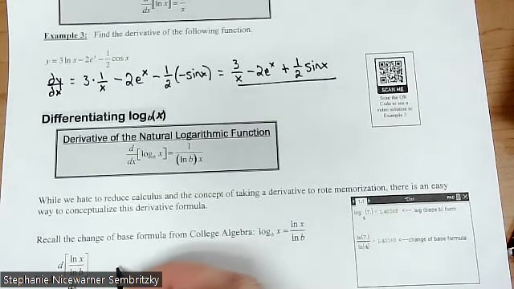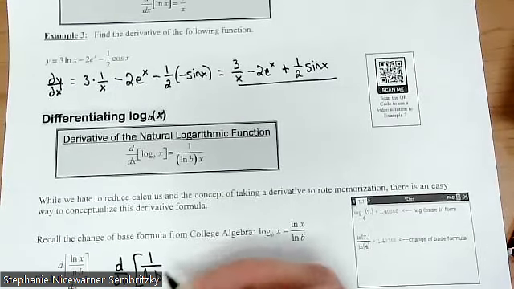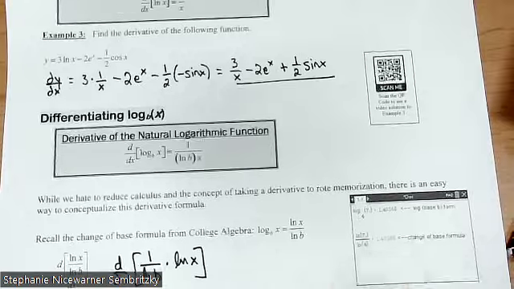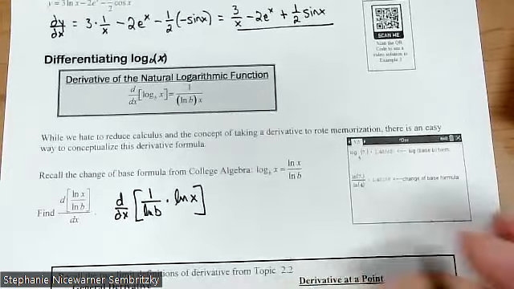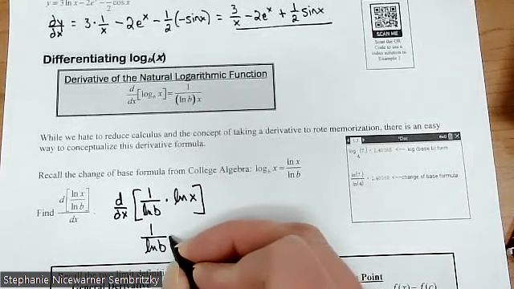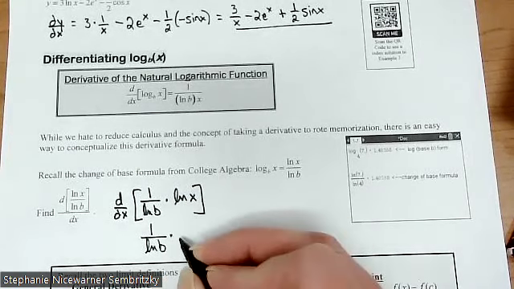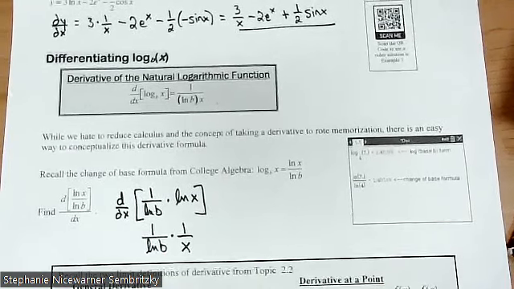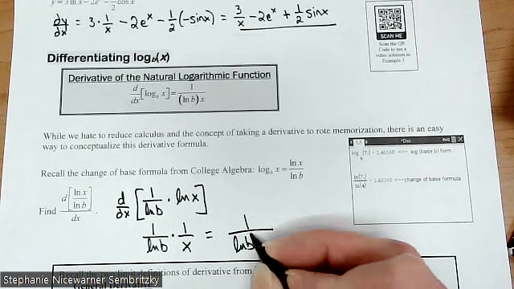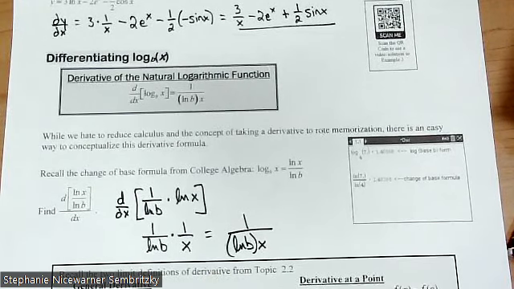So this is like taking the derivative of 1 over ln b times ln x. 1 over ln b is just a number. So when I take the derivative of that, it would just be 1 over ln b times the derivative of ln x, which is 1 over x. That gives me 1 over ln b times x.